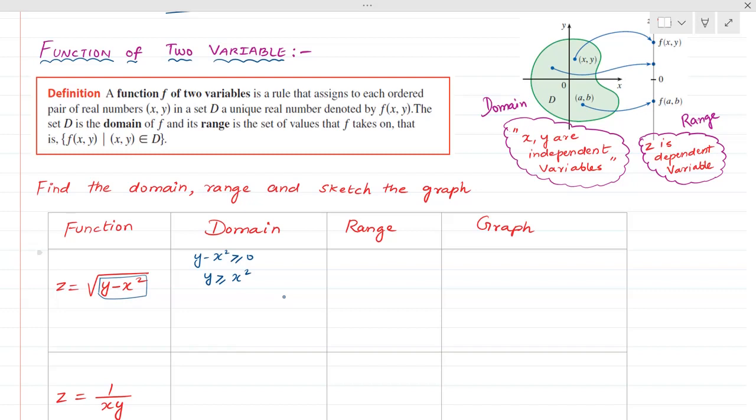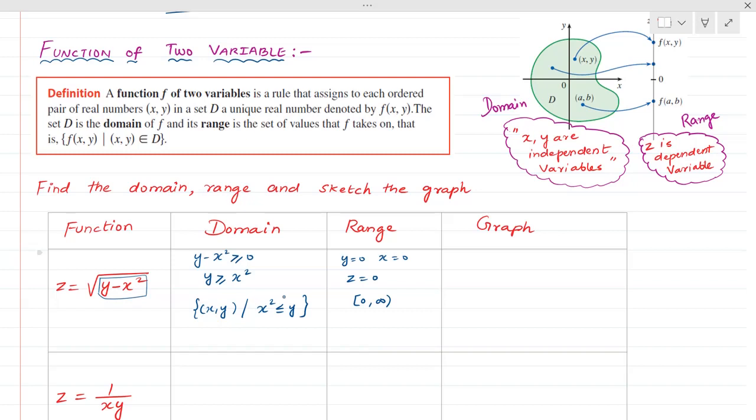Therefore the domain is given by x comma y in two dimensions, where x squared is less than or equal to y. If you substitute x equals 0, z equals 0, so it will start at 0 and go up to plus infinity. Therefore 0 comma infinity is the range.